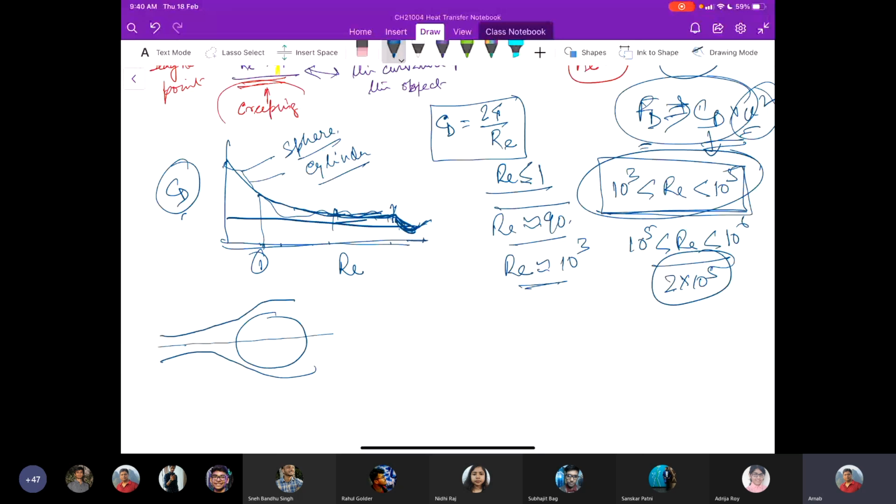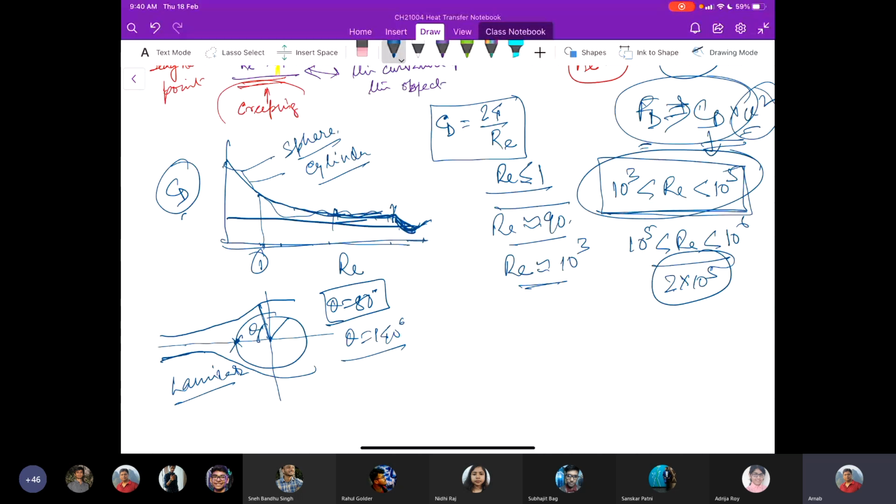This is our mid plane, and this is our stagnation point. Now, at an angle of theta equal to 80 degrees, the flow separation occurs when the boundary layer is laminar, and theta is 140 degrees when the boundary layer is turbulent.